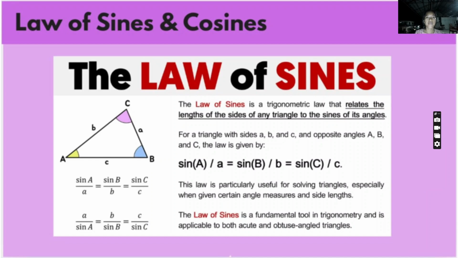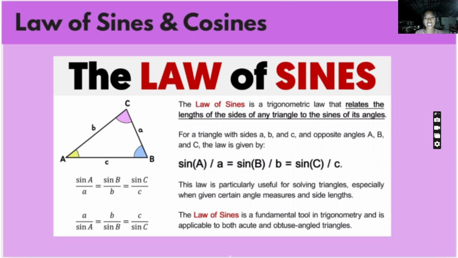Some of the triangles are not always right triangles, but do not worry because the law of sines and cosines will save the day. The law of sines is a trigonometric law that relates the lengths of the sides of any triangle to the sines of its angles.